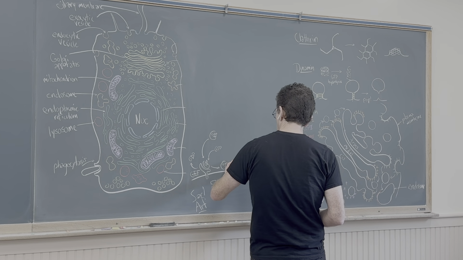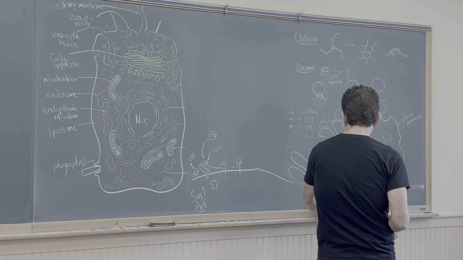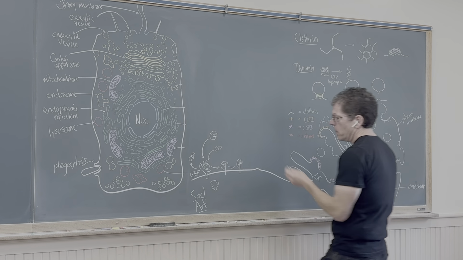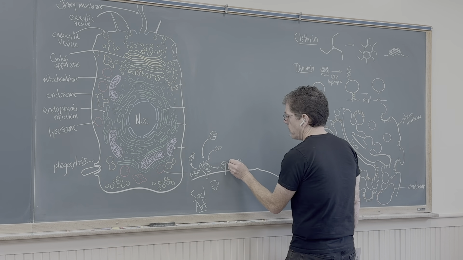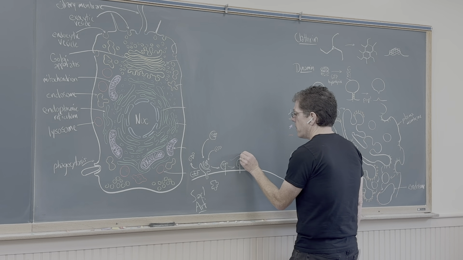This active GTPase recruits the coat proteins, which, if this is the ER, is going to be COP2, which we'll just make a big sort of roofing tile like that.